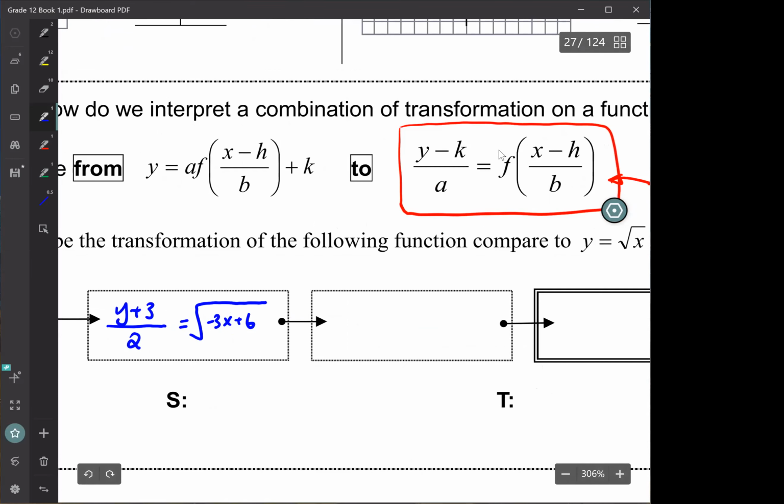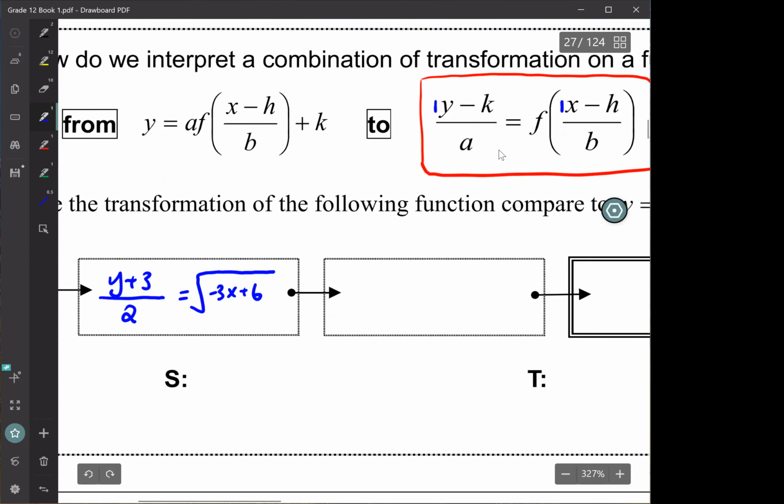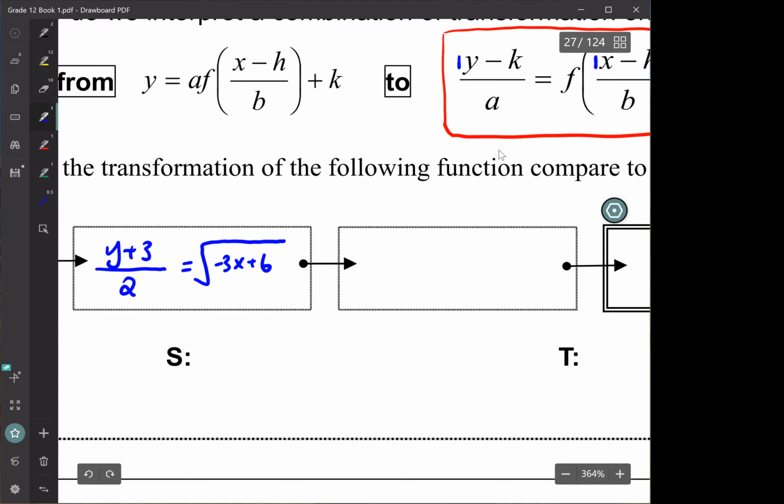So for the x, we must make sure it has a fraction over something, right? And also you need to make sure the x is by itself, has a 1, right? Just like the left side, the y is by itself. There's no number attached to it. However, right now we have a -3 attached, okay? So for this part, what you need to do is factor.